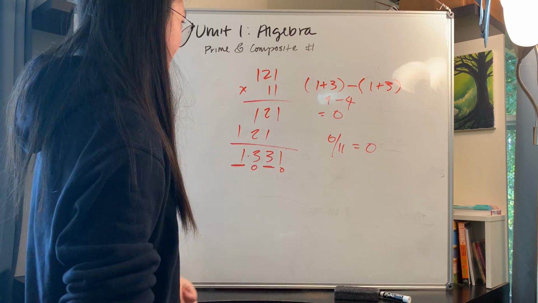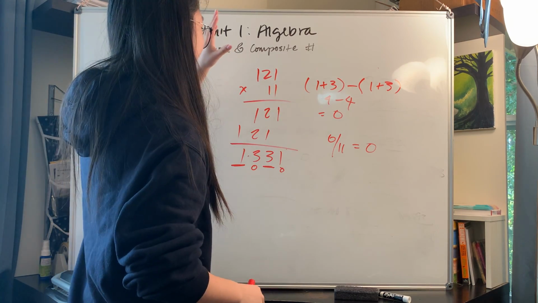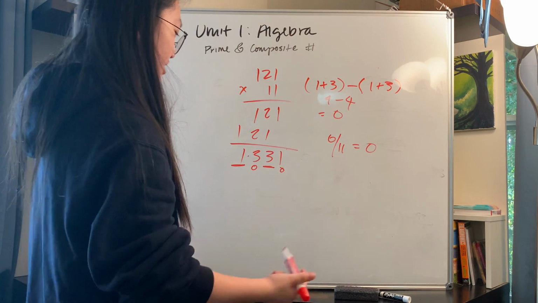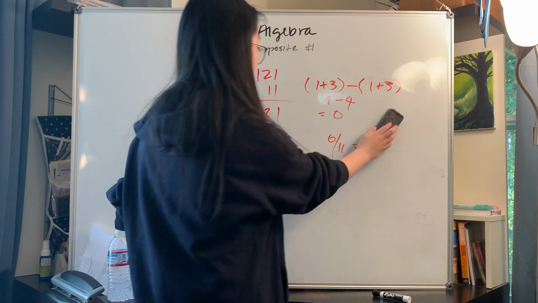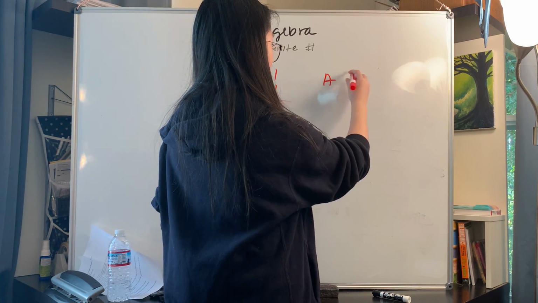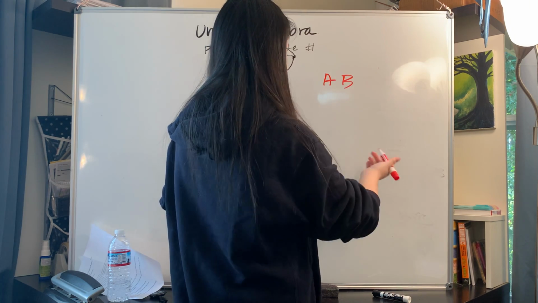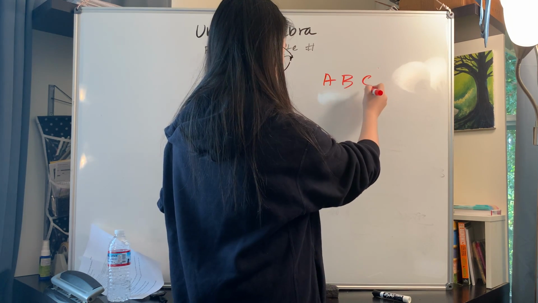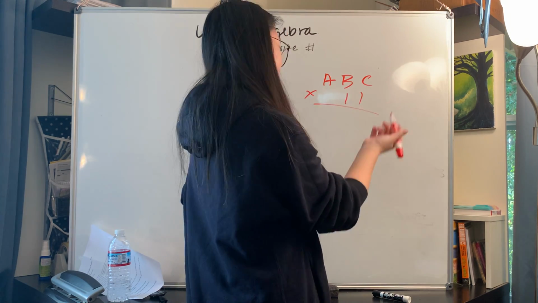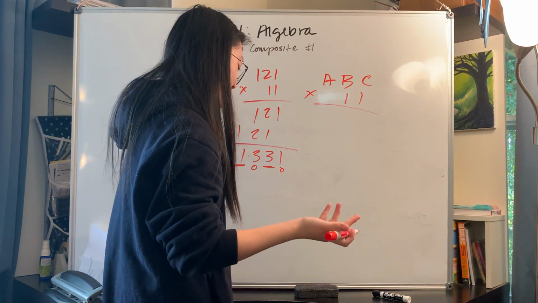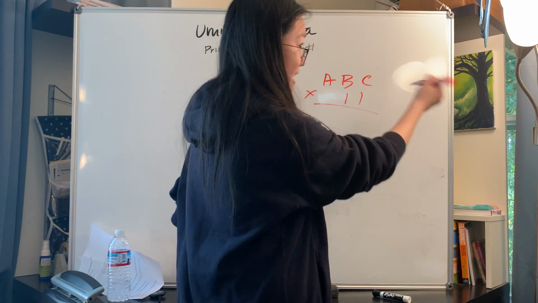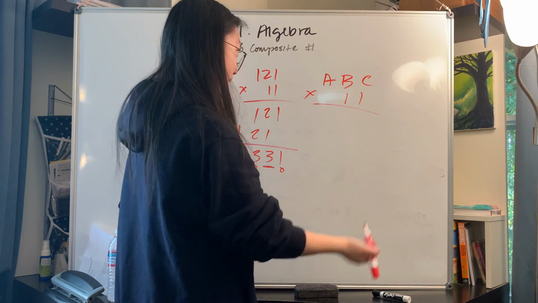The reason why it works is sort of how we multiply this out right here. So if I just use letters for this, you would find that if I have A, B, C times 11, and this is just an example, you can multiply it out by a larger number like A, B, C, D, E. I'm just starting with A, B, C in the beginning.